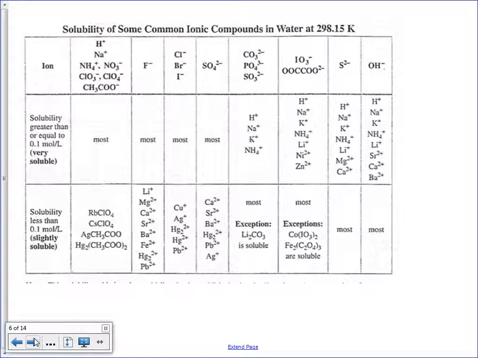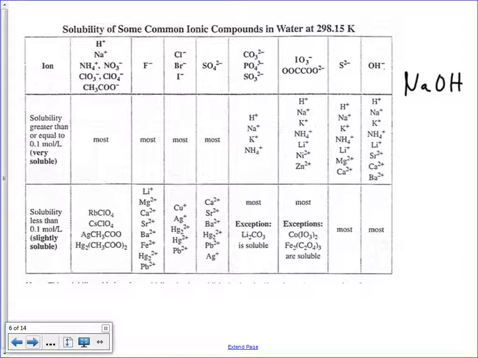So here's how we use this. Let's say given a particular compound, I was told to find out whether this stuff would dissolve in water or not. First off, what's that stuff called? Sodium hydroxide. Right? So this is what I do.